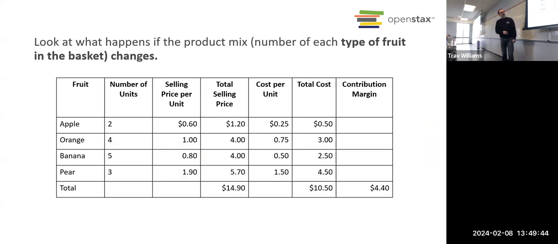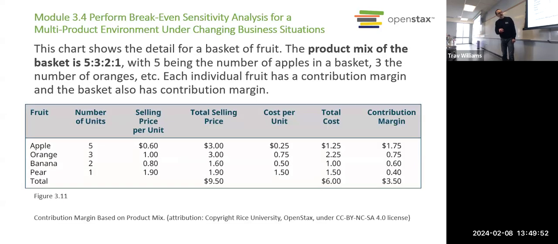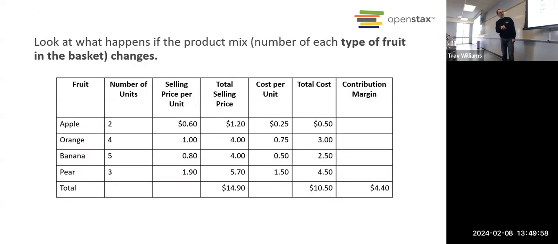So now if you do the math, we end up with a $4.40 contribution margin for this arrangement of fruits compared to here was $3.50, right? So if they can sell, well, let's see, the price also went up from $9.50 to $14.90. So if they think they can get away with selling that higher price, they will have a higher contribution margin.